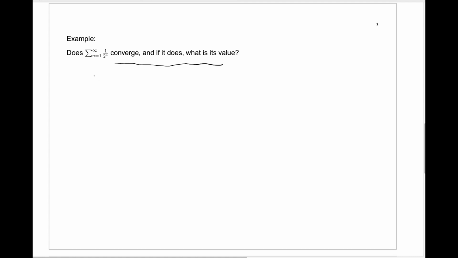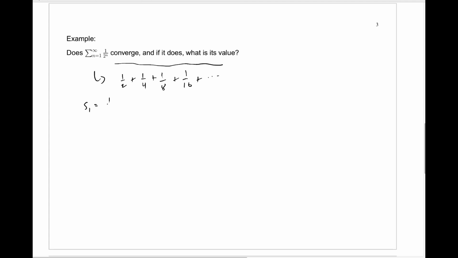Now, what does this series mean? Well, we can think of it as 1/2, that's 1 over 2 to the first power, plus 1/4, plus 1/8, plus 1/16, etc. Does this series converge to any particular finite number? Well, what are the partial sums? Let's list a few of them.